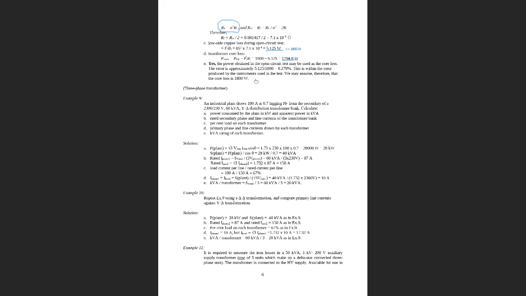What is the impact when we ignore the core losses when doing the short circuit tests? What's the impact when we ignore the copper losses when doing the open circuit tests? When somebody asks you about those questions, you should be able to explain them based on the equivalent circuit or whatever you have understood.